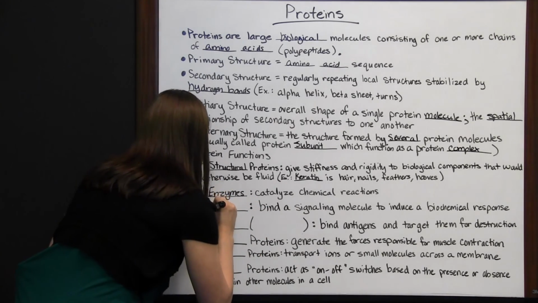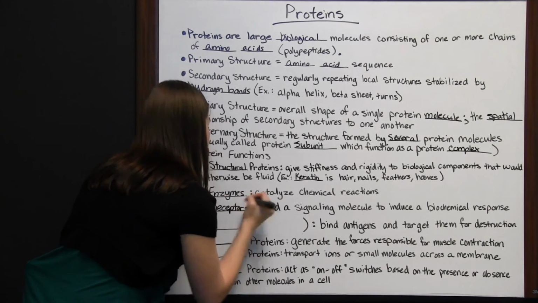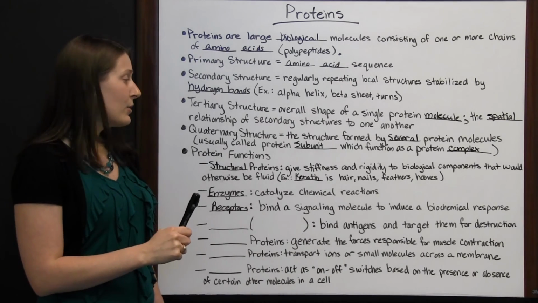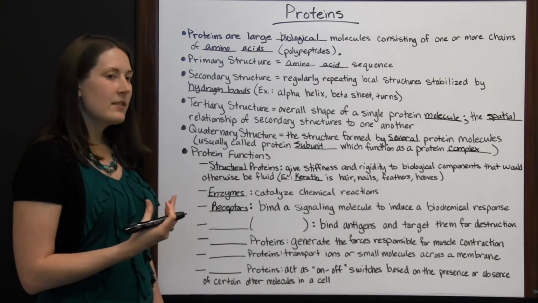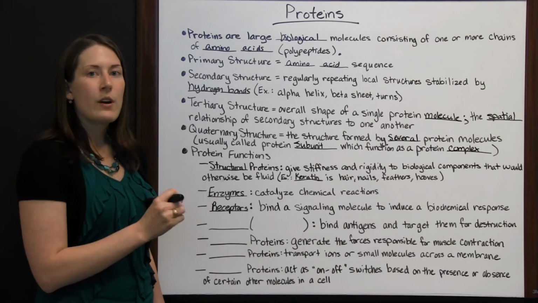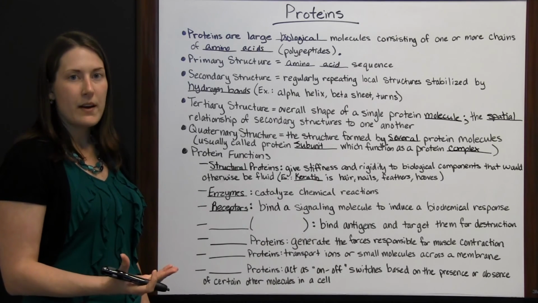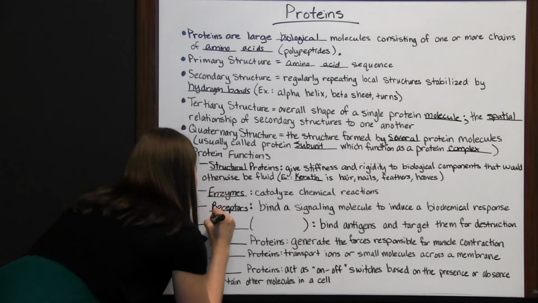Next, you've got receptors. Proteins that function as receptors bind a signaling molecule to induce a biochemical response. So it receives that signaling molecule and then it binds it somewhere that will induce the biochemical response that needs to happen.